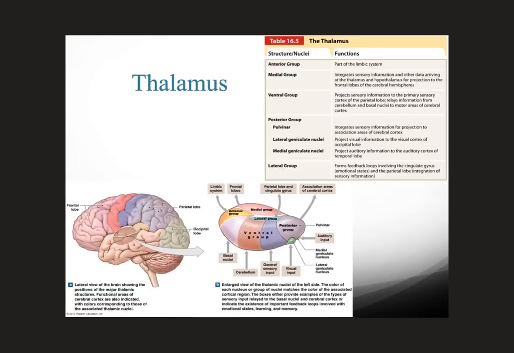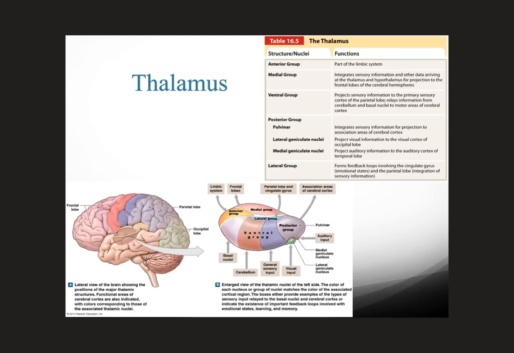Now let's talk about the thalamus. The thalamus is a little bit more complex, basically because it has several different structures to it. It's also formed by the walls of the third ventricle, and there is going to be a right and left thalamus, divided by the interthalamic adhesion.